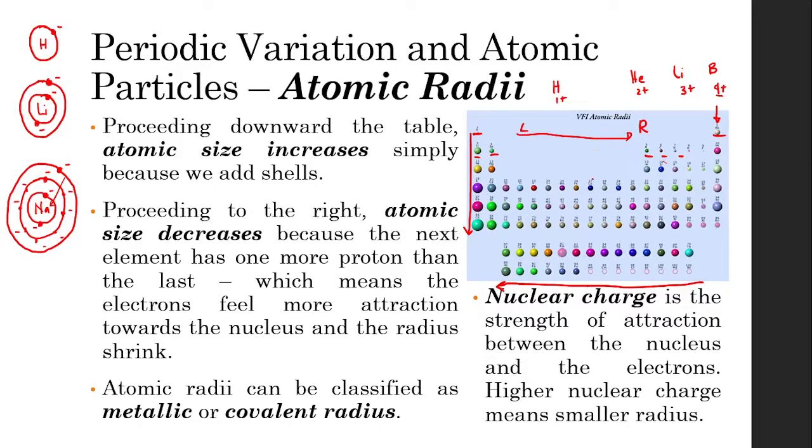And that is because we are increasing the number of protons from left to right. Okay, so I hope that is clear. So that is our first periodic variation, or periodic trend, or our first periodic pattern.